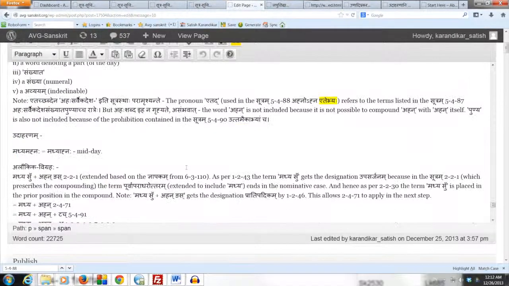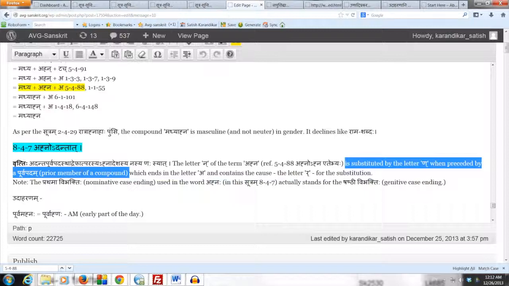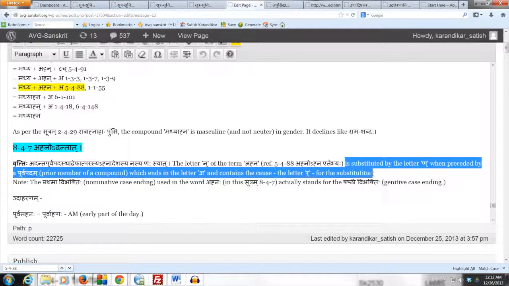So this term ahna refers to the substitution ahna prescribed by the Sutram 5.4.88. The letter na of this term ahna is substituted by the letter na when preceded by a purvapadam, a prior member of a compound, which ends in the letter a and contains the cause, the letter ra, for the substitution.